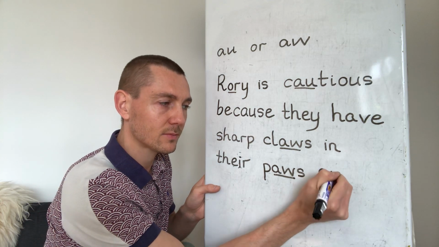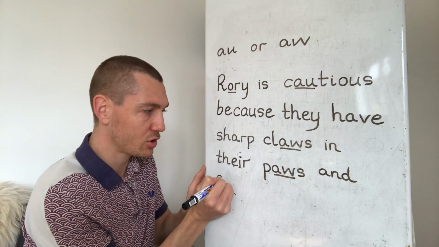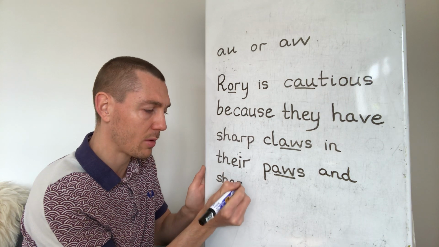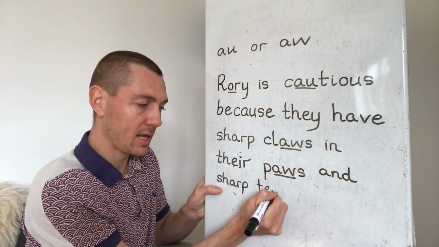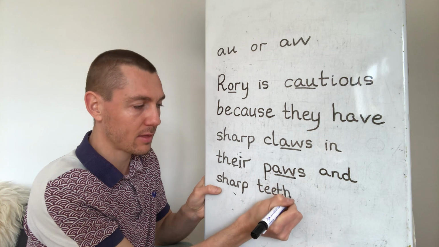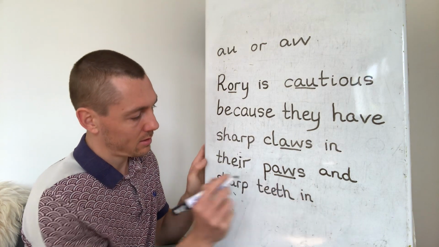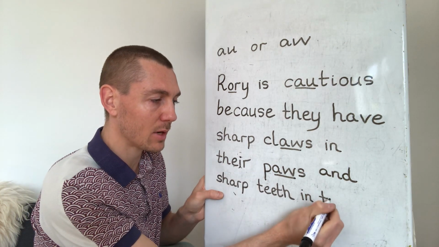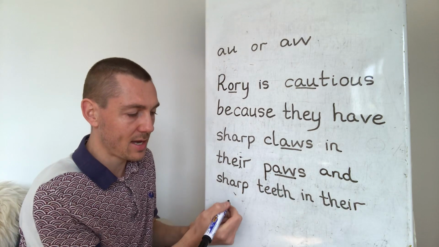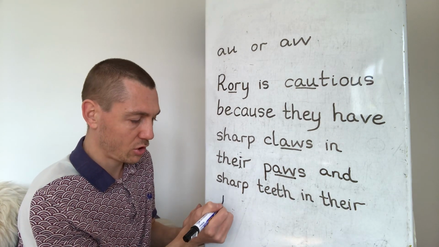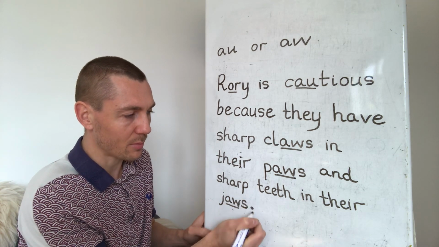So, and sharp, we've already got sharp, sharp teeth, teeth in their, same spelling of there because it's still theirs, it belongs to them, sharp teeth in their jaws, J, or Z, stop mark.